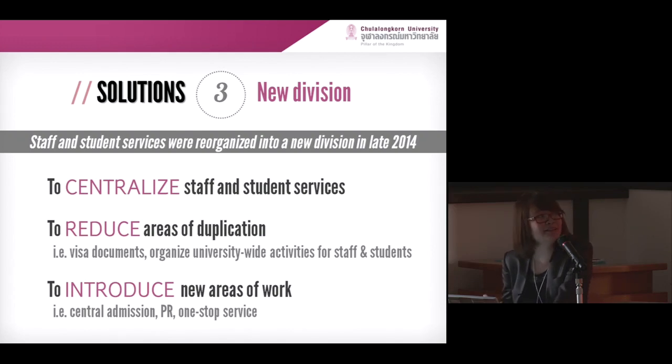We created this division with the hope that it will act as a one-stop service for international staff and students in the university. And we are also exploring new areas of work, like the central admission system for international students and the public relations work. And we just started a survival Thai course for international students this month.